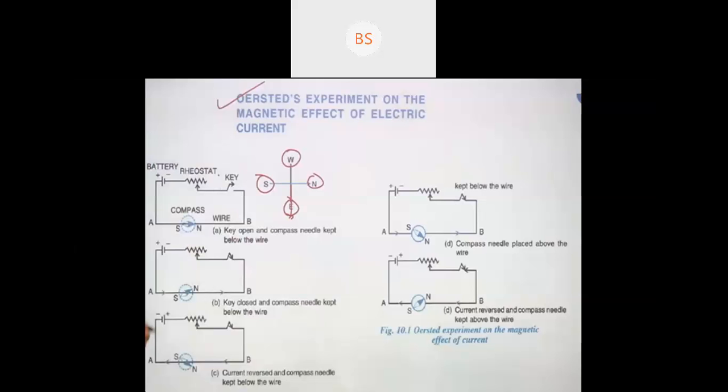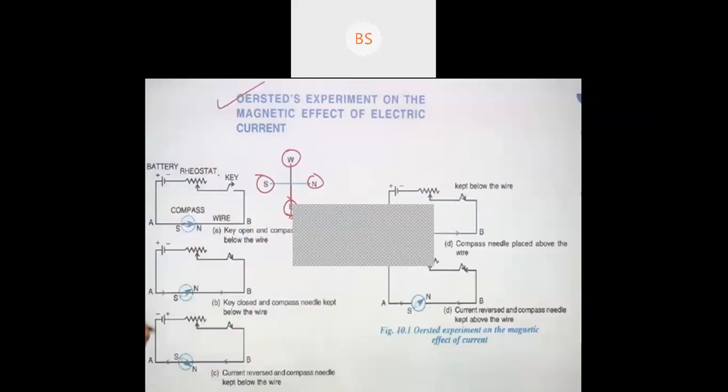And the direction depends on the direction of current. So clear about Oersted experiment? Any doubt? No, ma'am. Okay, it is clear. We'll move to the next one.